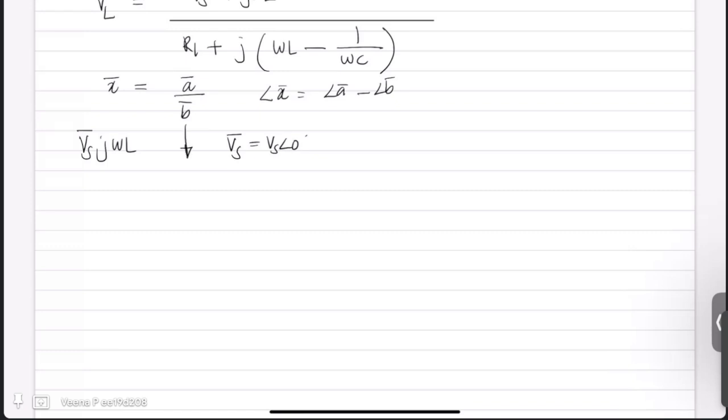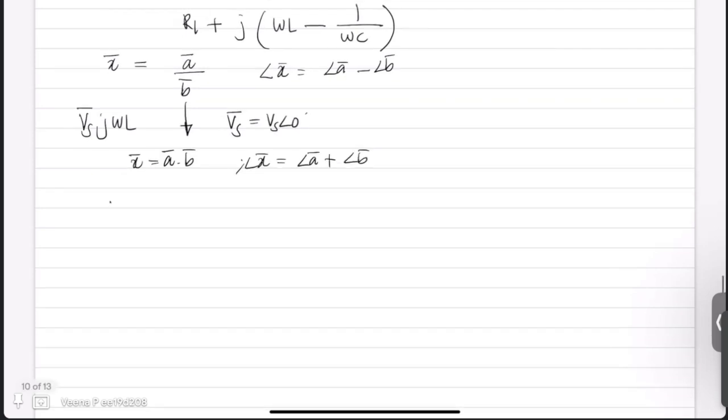Also, this is for division. For multiplication, if x is of the form A times B, then the angle of x is angle of A plus angle of B. So you have the numerator vector Vs j omega L. Vs is nothing but Vs angle 0 times j omega L. So this is of the form of two vectors.